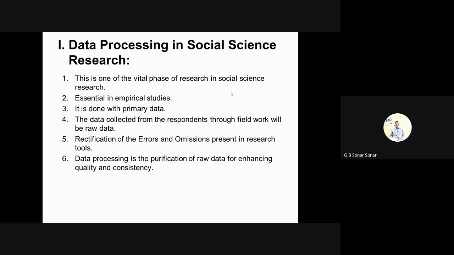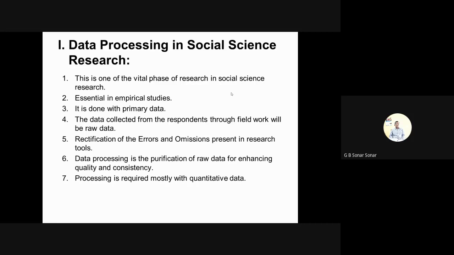So what I'm trying to say here is that data processing is one of the very scientific steps in social science research, through which we try to remove the errors present in the research tools. And by removing the errors, by purification of the raw data, we will be enhancing the quality of the data, and we will be able to maintain the consistency in the primary data.